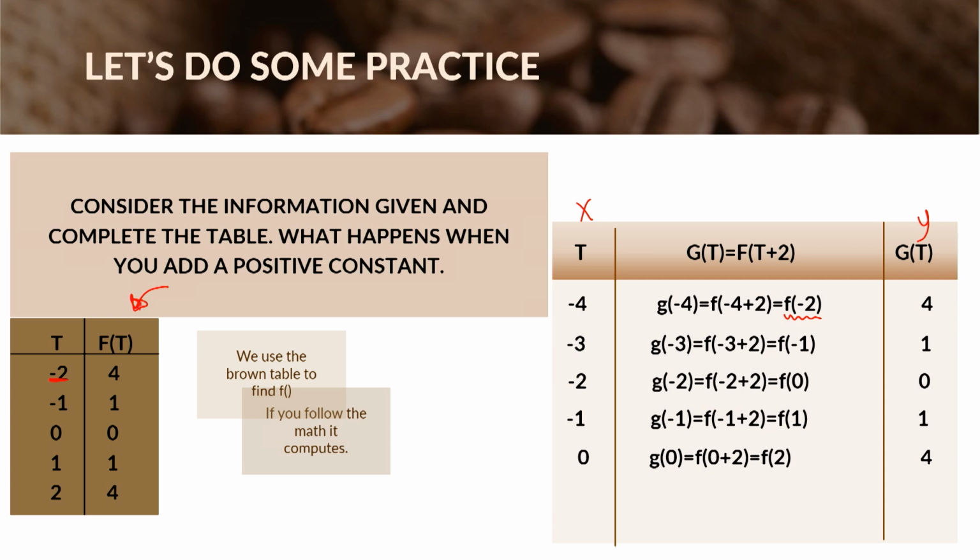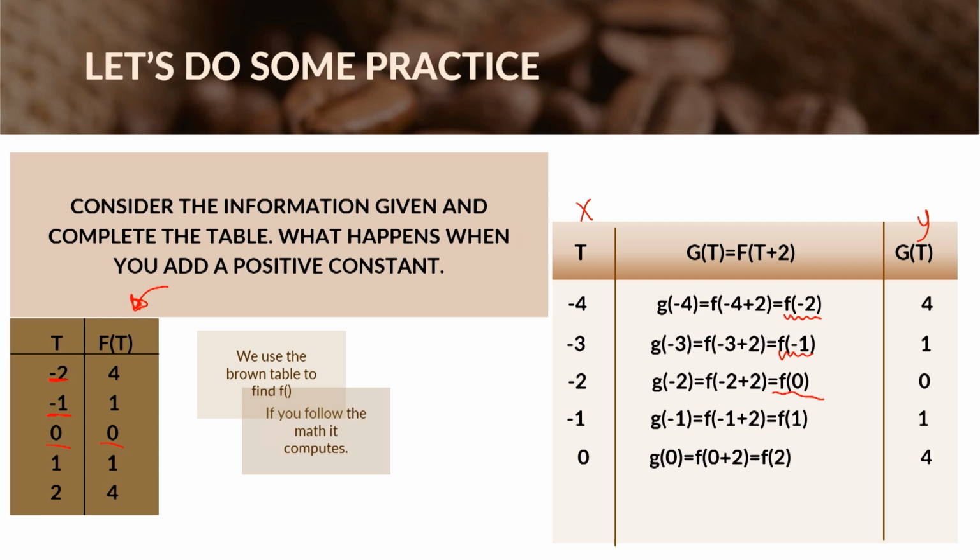So let's look at the next one. If I had g of -3, I would place in f of -3 plus 2, which equals f of -1. So I take this starting point of f of -1 and go over here, and I have a +1. For g of -2, I place that -2 in, so I have f of -2 plus 2. -2 plus 2 is 0, so we go back to my brown table, 0, and I have that y value of 0.